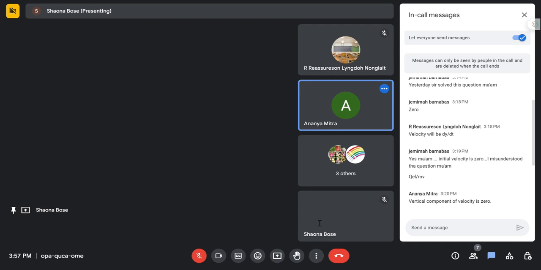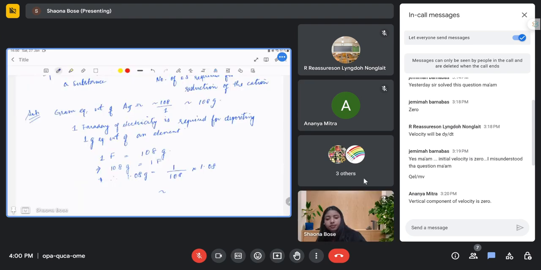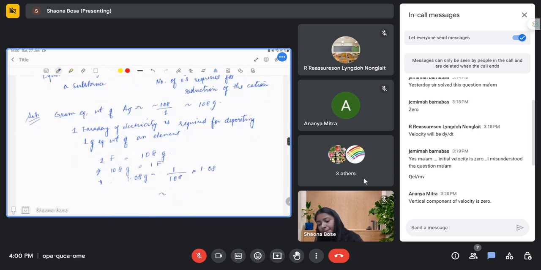Therefore, how much will 1.08 grams require? 1 by 108 into 1.08. That is approximately 0.01 coulomb. Right, so option D.